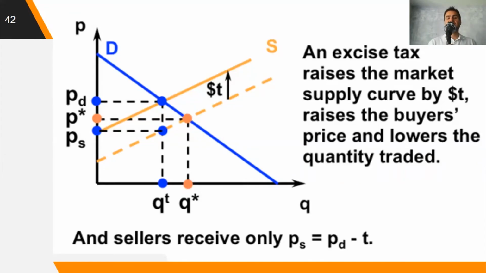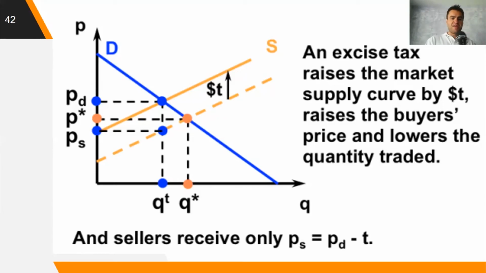So the tax essentially can be drawn as a shift of the supply curve. Because what happens with the price for consumers? It increases. It's like the cost is higher, and if the cost of something is higher, the supply curve shifts upwards to the left, as in the picture.